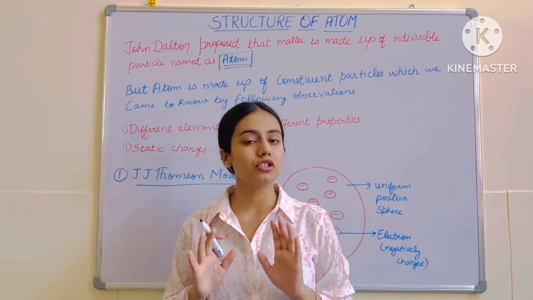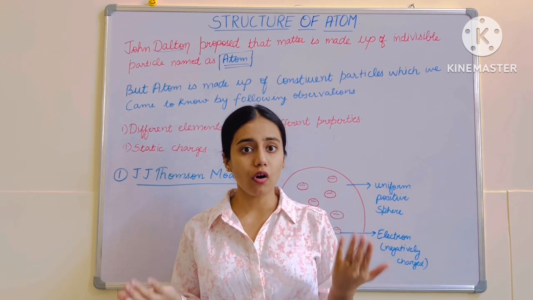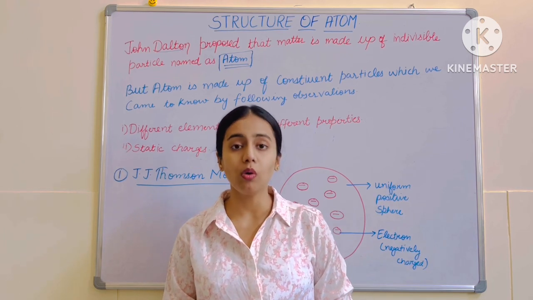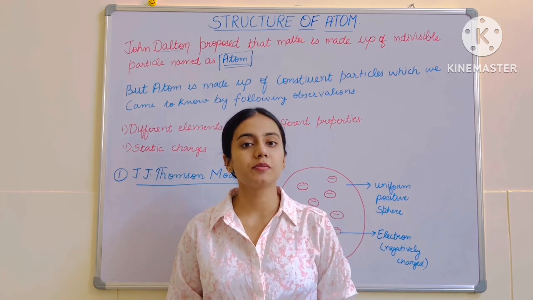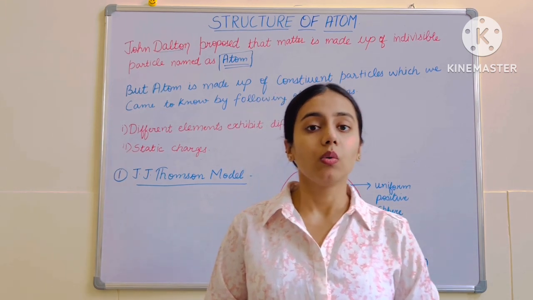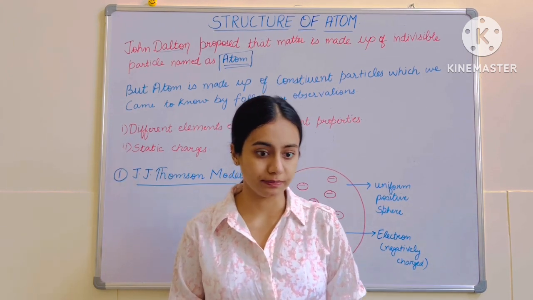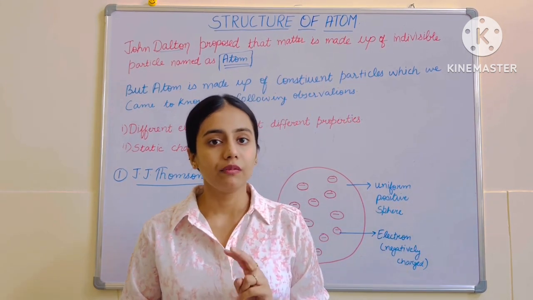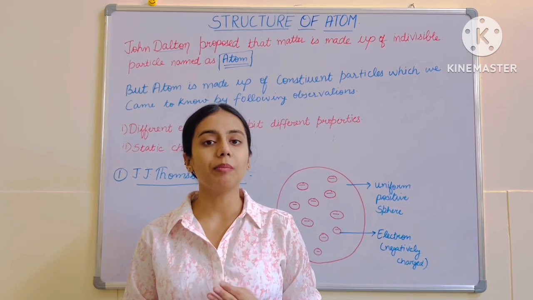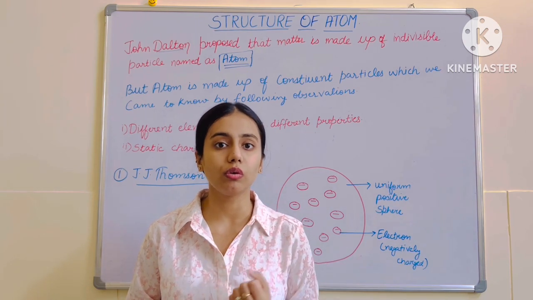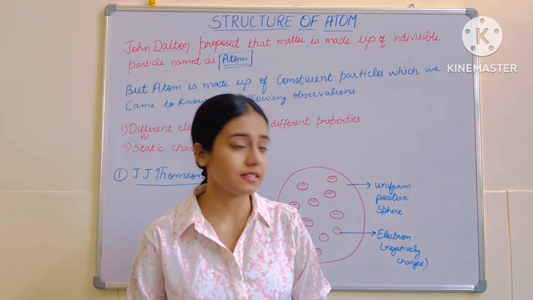As the atom was neutral and a negatively charged particle was proposed by him, there must be a positively charged species. This positively charged species is named the proton, which was proposed by Goldstein. So we have two particles till now, electron and proton. The third particle, which is neutral, is the neutron, which was discovered later in the late 19th century.